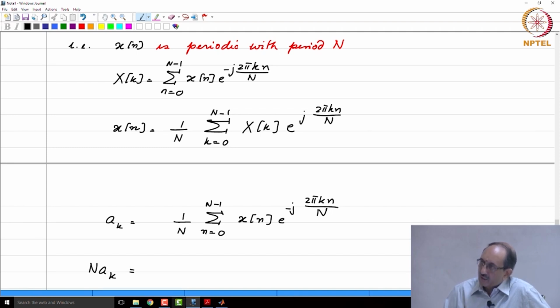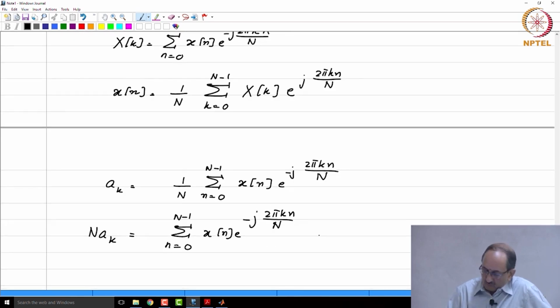N times a_k is nothing but the sum over n going from 0 to N minus 1 of x of n e to the minus j 2 pi k n by capital N. This was nothing but X of k.